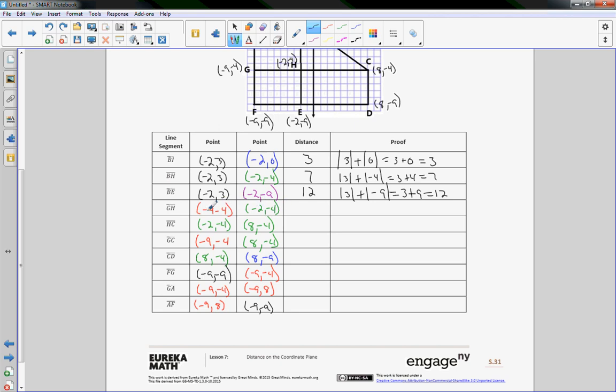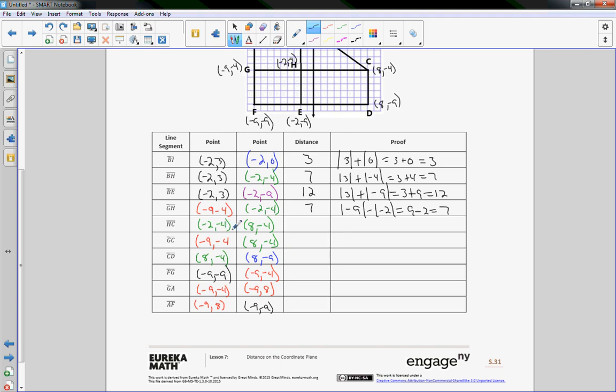I'm going to see what the distance is between my x's in this case. So it's -9 and -2. So when they're both negative, we subtract the absolute value of -9 minus the absolute value of -2 equals 9 minus 2, which is 7.